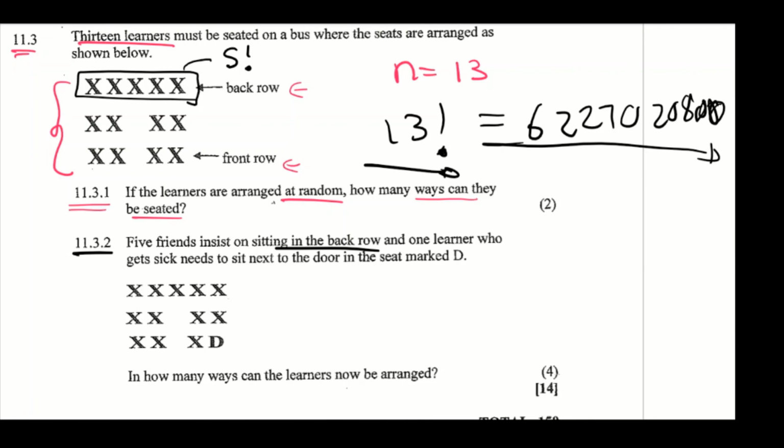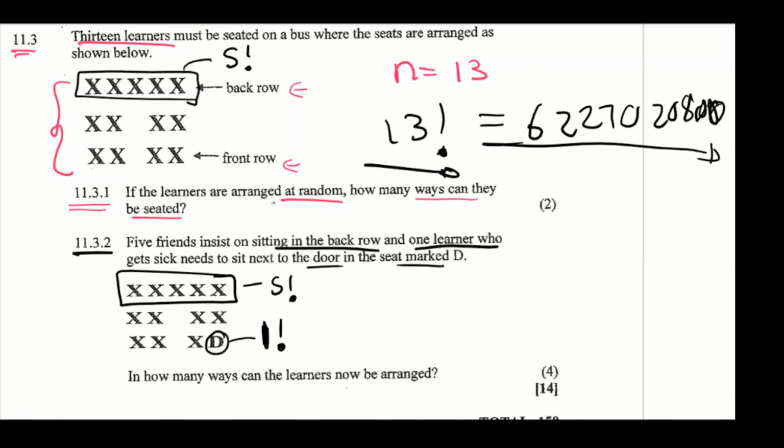And then one learner who gets sick needs to sit next to the door. So this learner wants to sit alone, so we can simply say 1 factorial. If I write it properly, the 5 friends sit at the back row, so it's going to be 5 factorial, and this one learner is going to be 1 factorial.